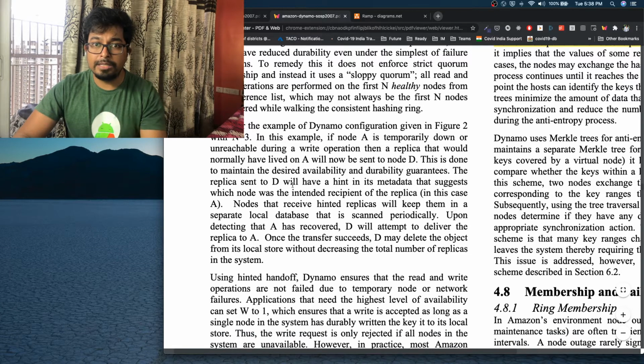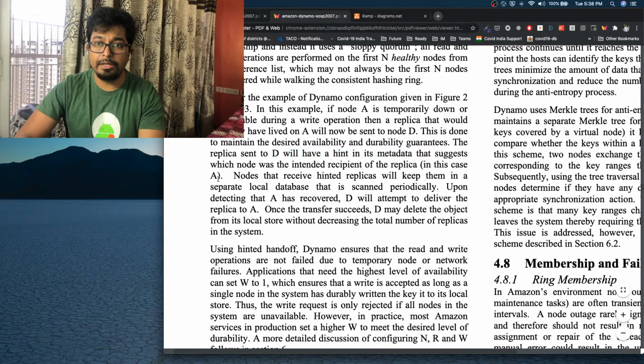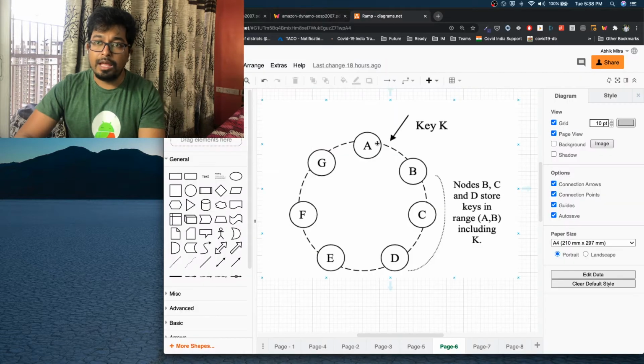But the replica sent to D will have a hint in its metadata that suggests which node was the intended recipient of the replica. So what is happening is a key comes in. Normally we know that the key belongs to A, but A is down. So it goes to the top N nodes B, C, and D. D will have a hint saying that, hey, this is not something I generally own.